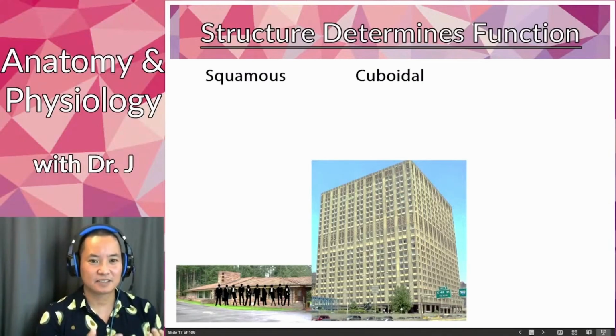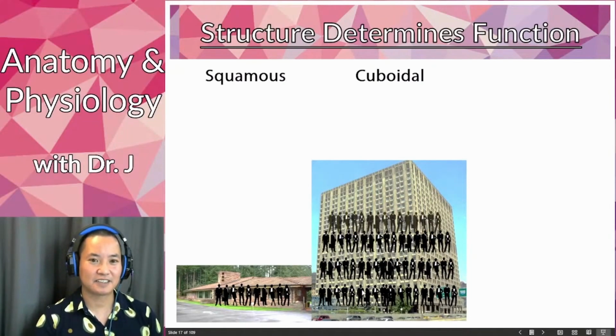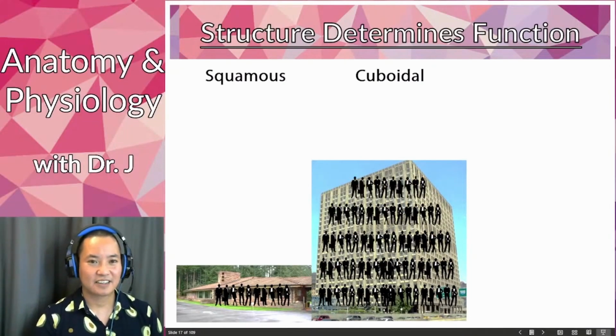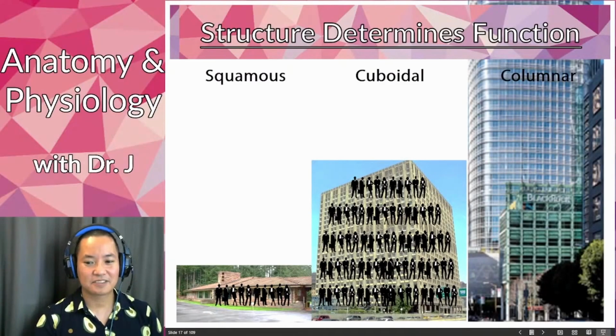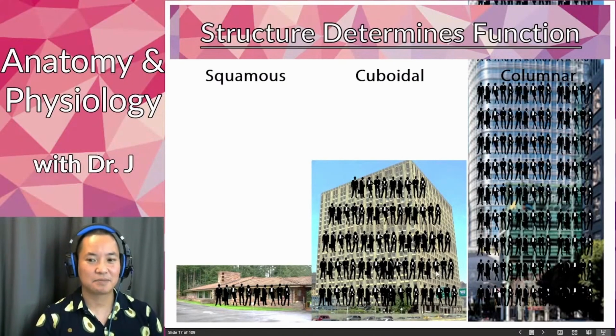In a very flat but not very tall building, or something that has the same footprint but multiple stories? Well, you can fit more workers and hire more people in a taller building, right? And same with a columnar. A columnar is going to be even taller, and say these buildings all have the same footprint, you're going to be able to stack so many people in this company over there.